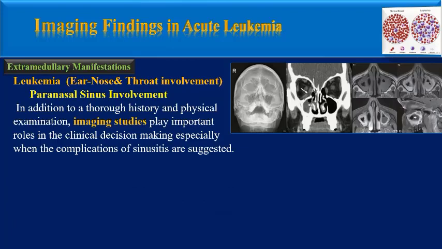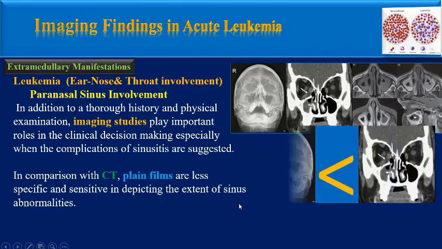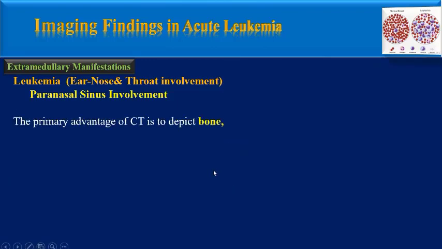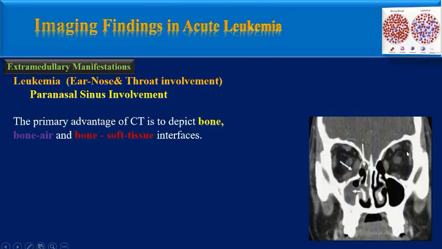In addition to a thorough history and physical examination, imaging studies play important roles in clinical decision-making, especially when complications of sinusitis are suspected. In comparison with CT, plain films are less specific and sensitive in depicting the extent of sinus abnormalities. The primary advantage of CT is to depict bone, bone-air, and bone-soft tissue interfaces.